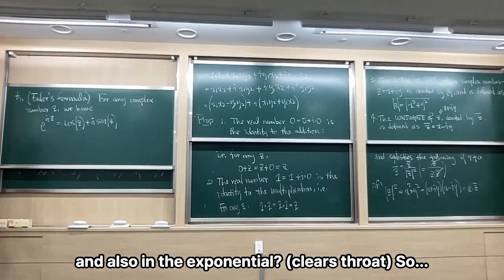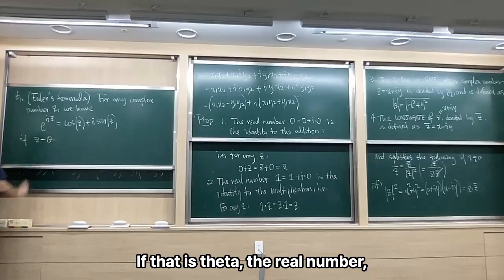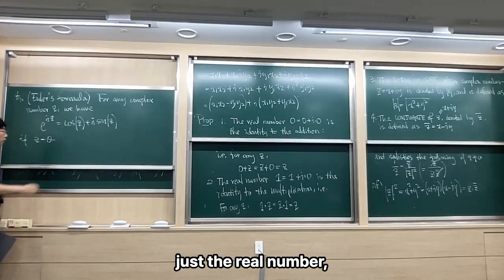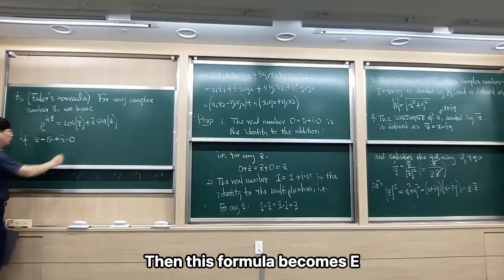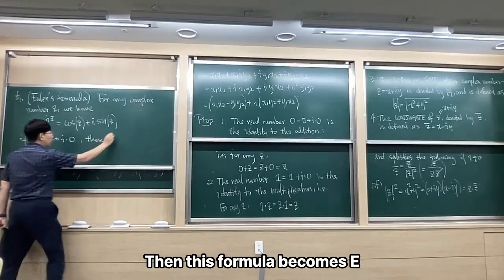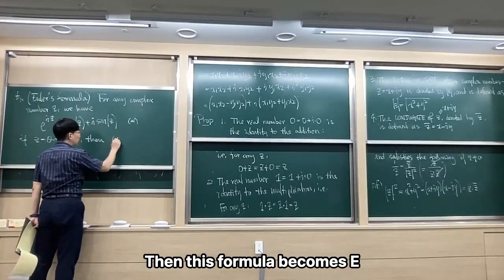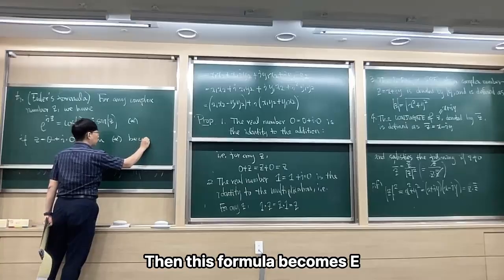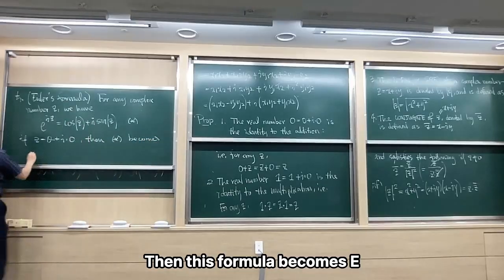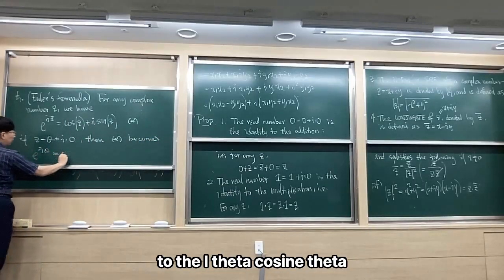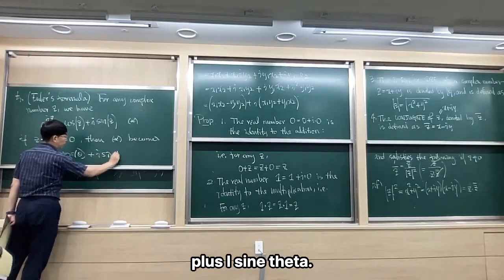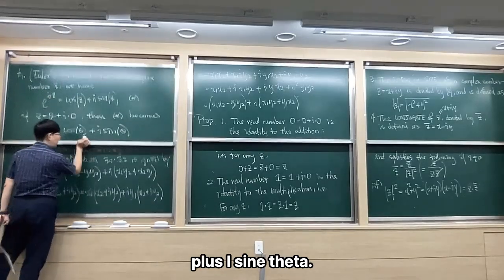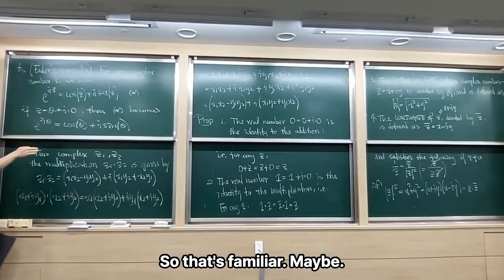So if that is theta, a real number, meaning the imaginary part is 0, then this formula becomes e to the i theta equals cosine theta plus i sine theta. So that's familiar, maybe.